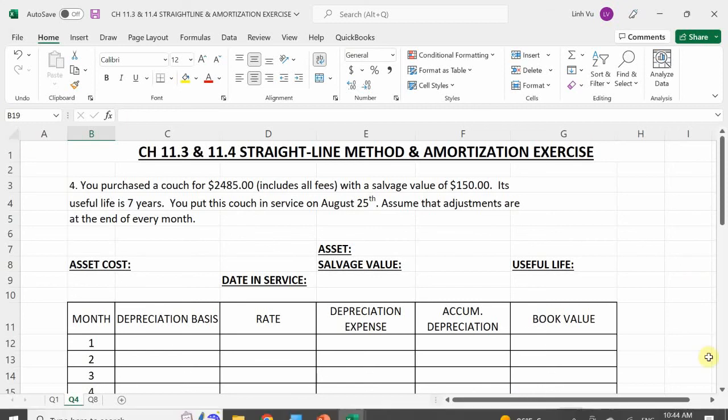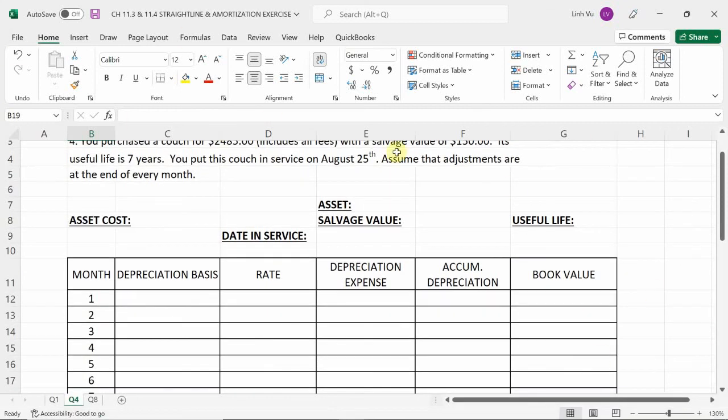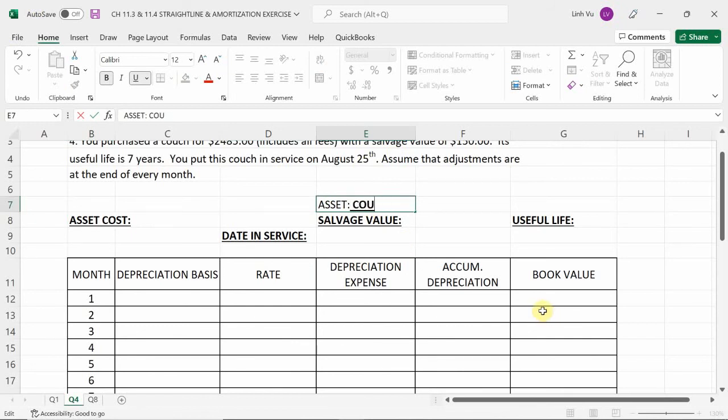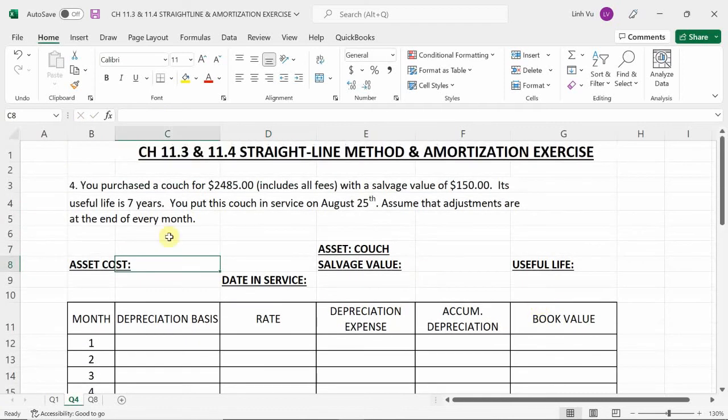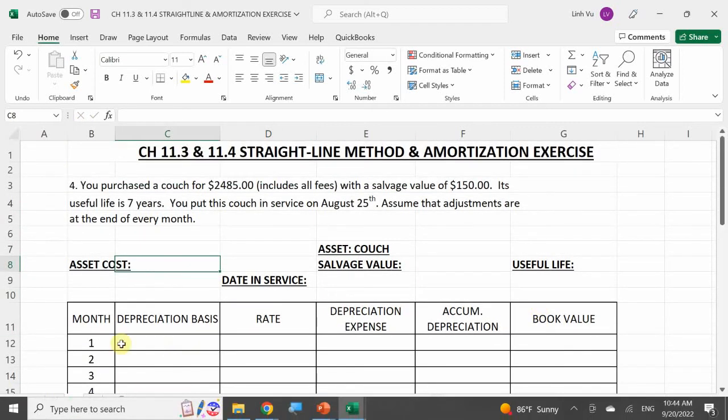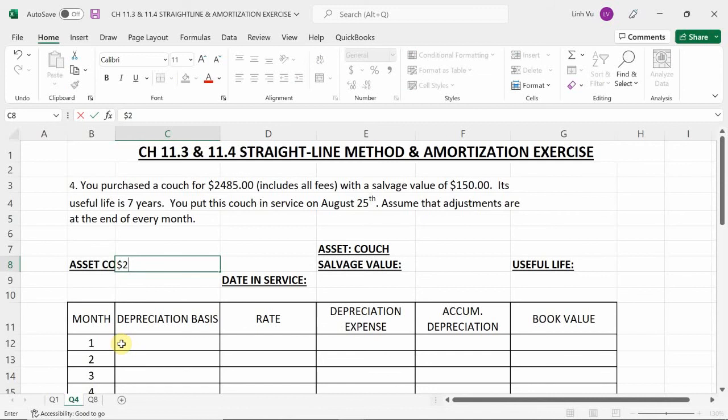Okay? So, first things first, what did I buy? A couch. How much did that couch cost me? $2,485.